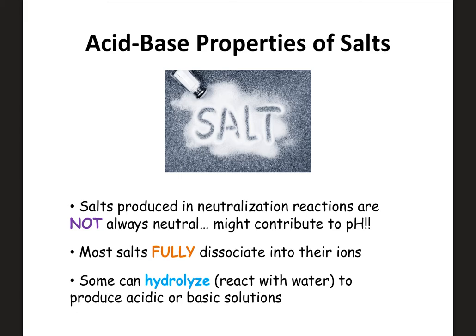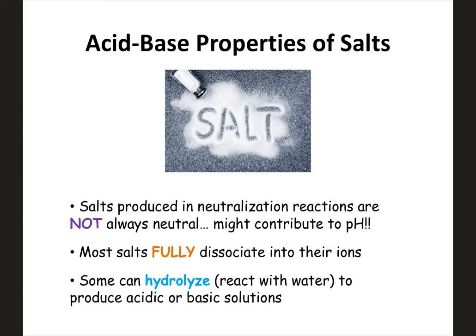So the salts that are produced might actually contribute to the overall pH. We already know that ionic salts are typically going to dissociate 100% into their ions. That's what happens when you put an ionic solid in water. And sometimes these salts can hydrolyze. What that means is they can react with water to actually produce acidic or basic solutions.